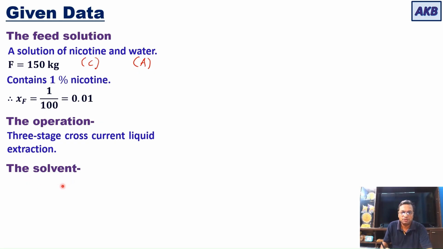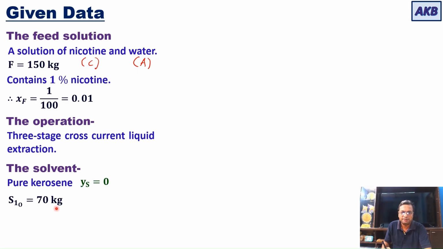The solvent to be used in this case is pure kerosene. It is pure fresh solvent, pure fresh kerosene, not the recovered one. Therefore, there will be no solute in it. That is weight fraction of solute in the solvent, which we denote by YS. It is 0.